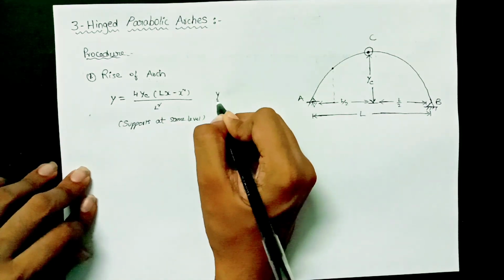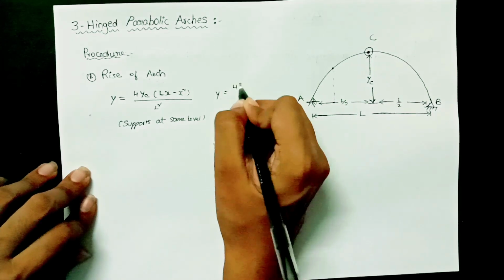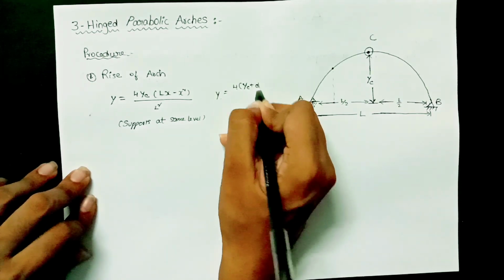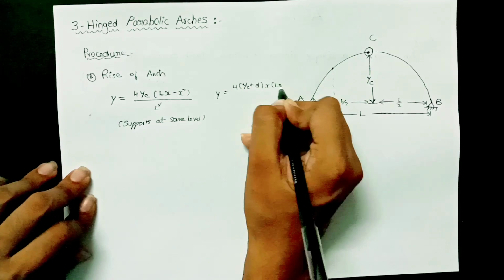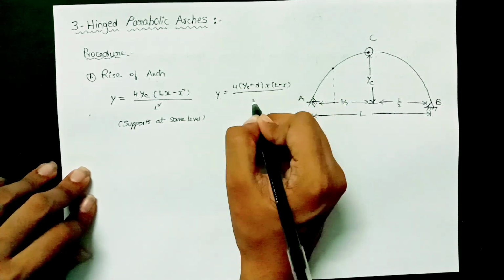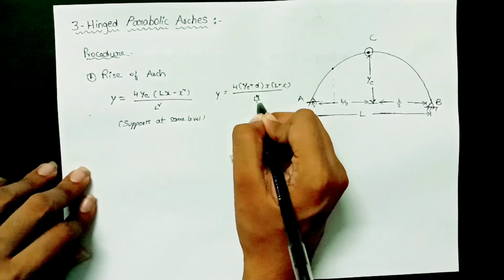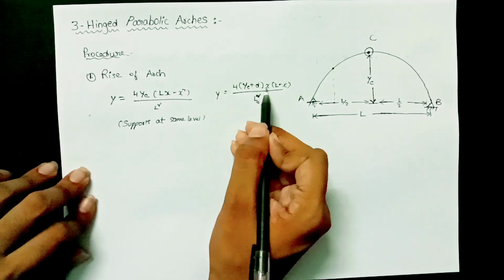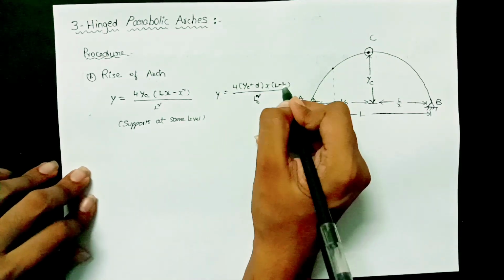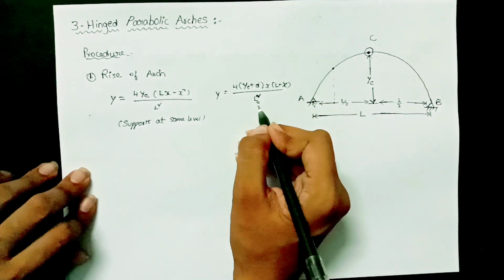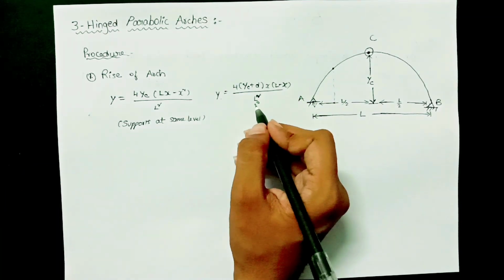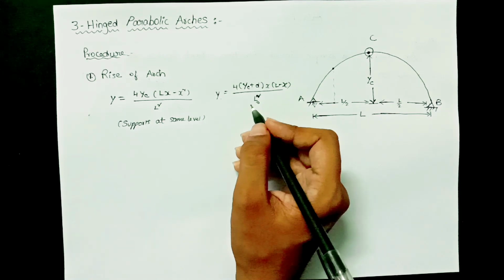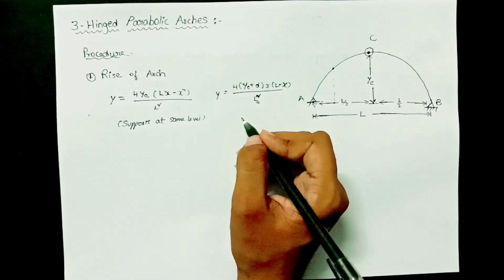If the supports are at different levels, then y equals 4 into (yc plus d) into x into (L minus x) divided by L0 square, where L0 is the imaginary span which is taken as if the supports were at the same level.